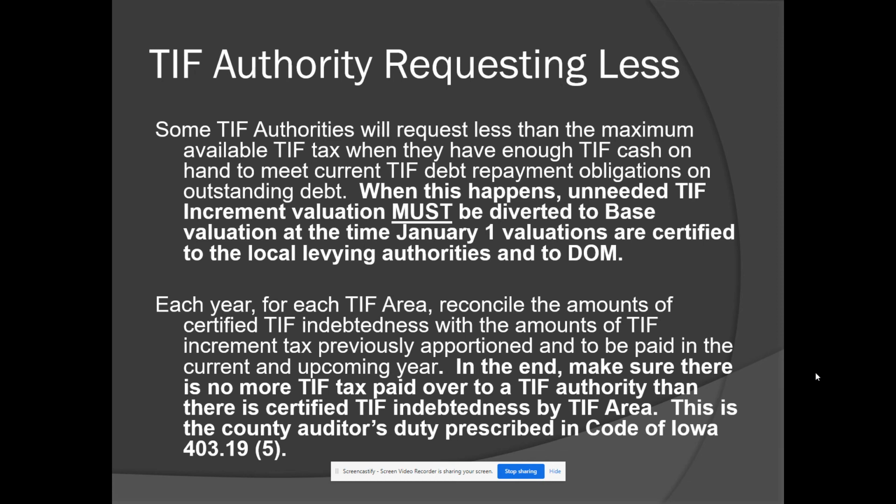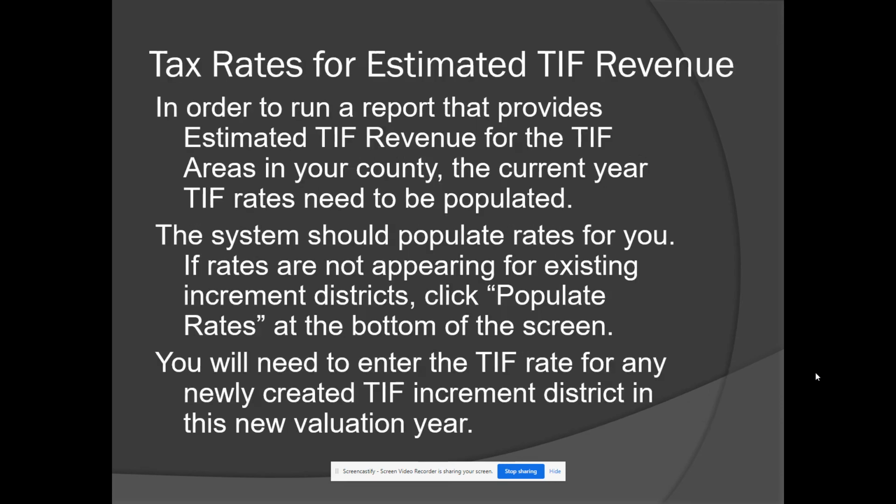That is the responsibility of the county auditor. So it is a significant underscoring of the requirement of the auditor to understand the debt certifications of the TIF taxing authority and to make sure they're on top of what revenue is being received by that TIF taxing authority.